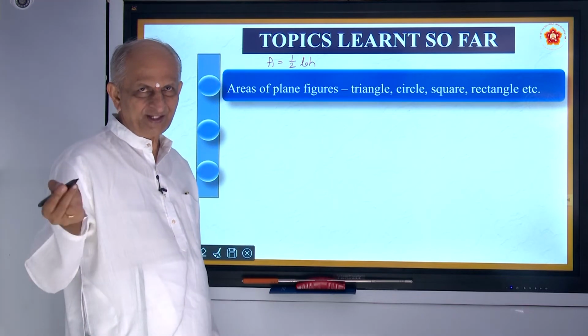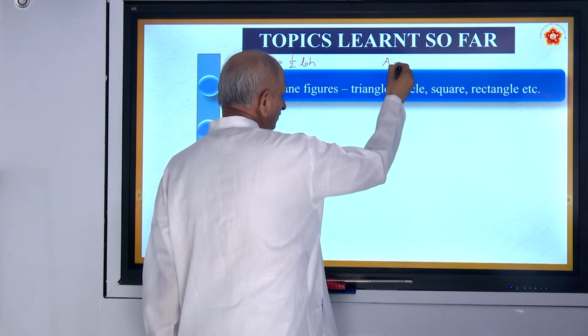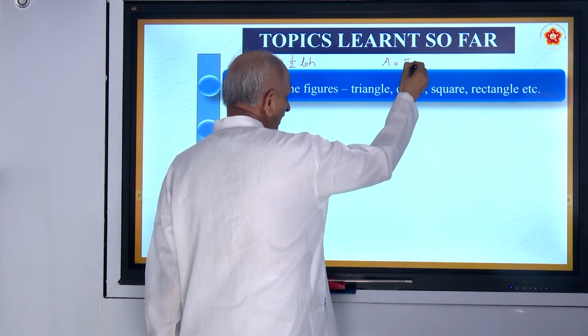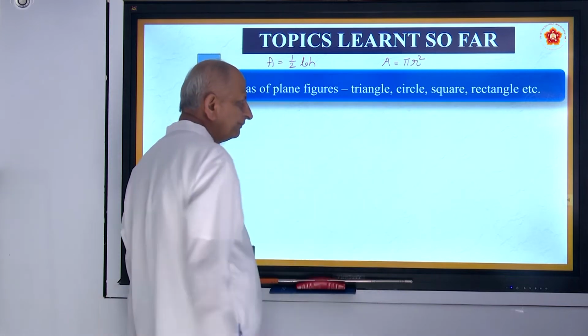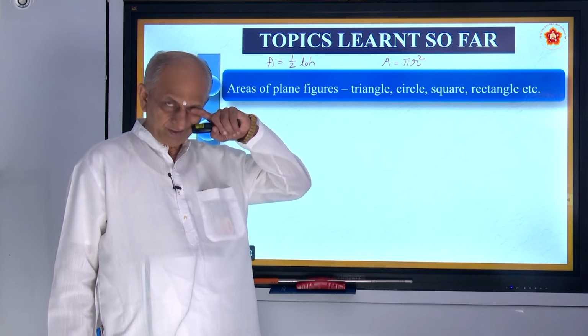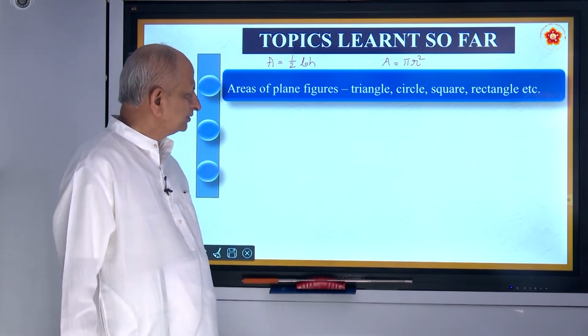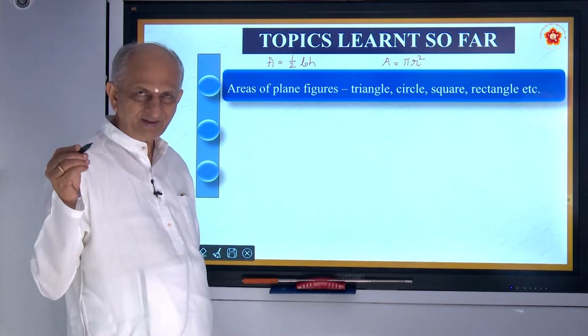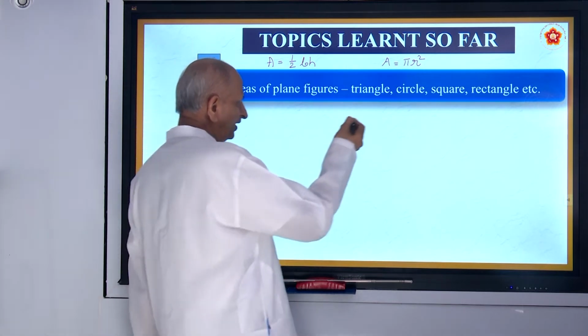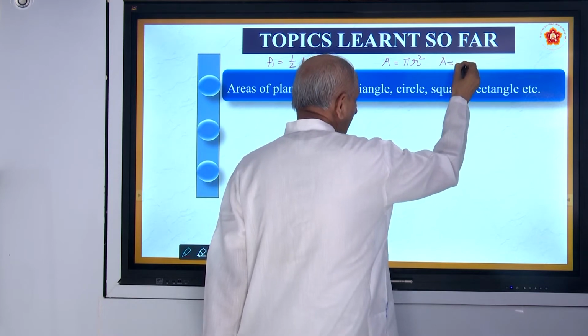What is the area of circle? Area of circle is A is equal to pi r square. What is r? r is radius. What is pi? 22/7. What about the area of square? Square is a plane figure having all the sides equal and all the angles equal.